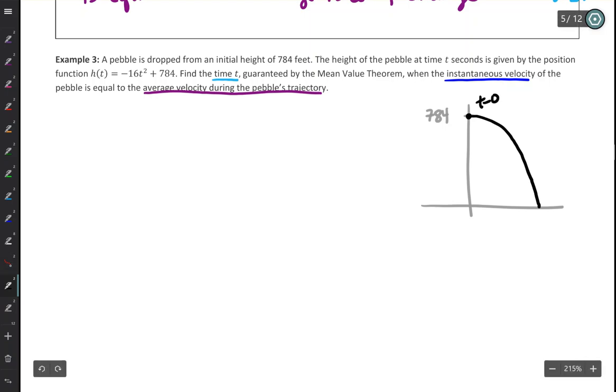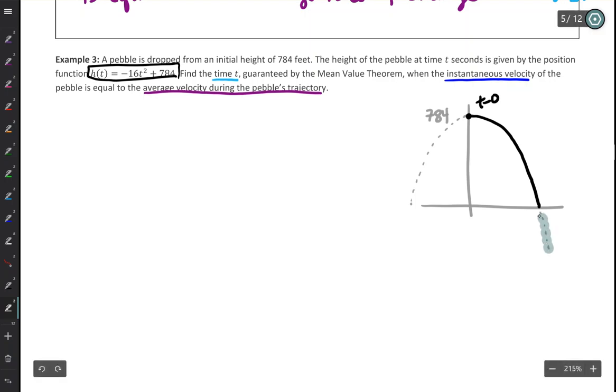That's the whole trajectory. Now we know that this function, that parabola, looks more like this, but there's only a portion of the parabola that makes sense to model this situation, right? We don't have negative time, and the pebble isn't falling through the earth.